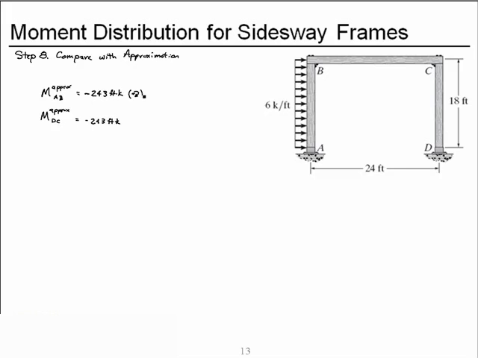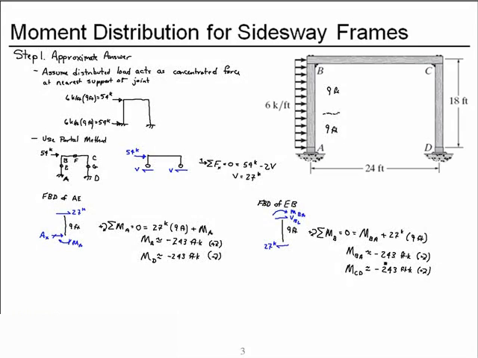Both of those, our sign convention is clockwise is positive. In the columns, we said the moment at the top of column AB and the moment at the top of column CD would be negative 243 foot kips.